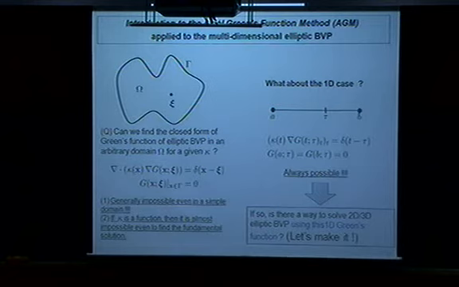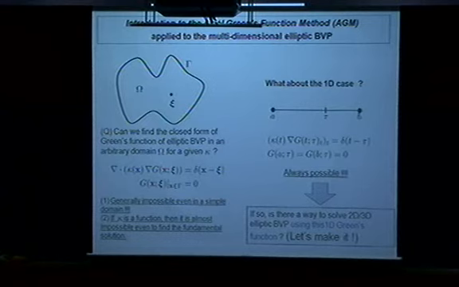And if kappa is a function, then it is almost impossible to find the Green function concretely. But the 1D case is relatively simple compared to higher dimensional problems.